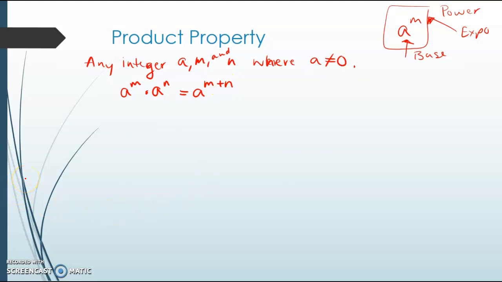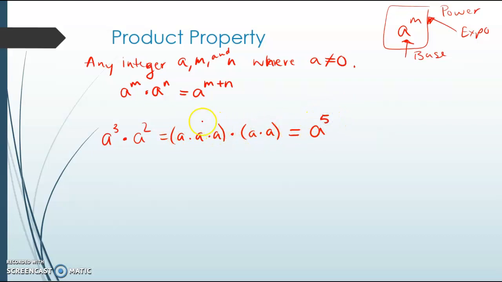So why does that property work? Well, remember that a power just means the number of times we multiply something times itself. So if we have a to the 3rd power times a to the 2nd power, that's the same as saying a times a times a times a times a, right? And so we have all of these actually multiplying together. This set of parentheses is a cubed, and this one's a squared. And all together, when I add them all together, that ends up being 1, 2, 3, 4, 5.